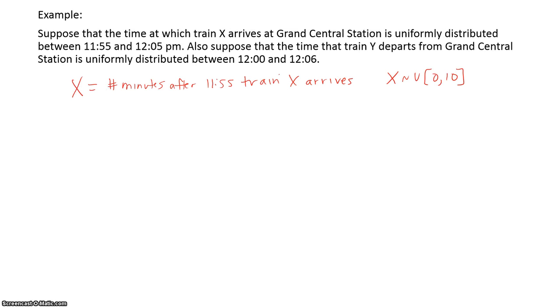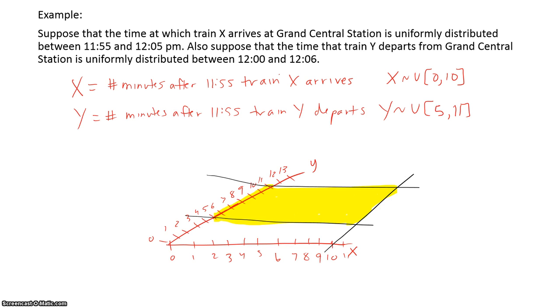So we define our random variables here. X can be the number of minutes after 11:55 a.m. that train X arrives. And we can see that X is going to be uniformly distributed between 0 minutes after 11:55 and 10 minutes after 11:55. We can also define Y to be the number of minutes after 11:55 that train Y departs from Grand Central Station.